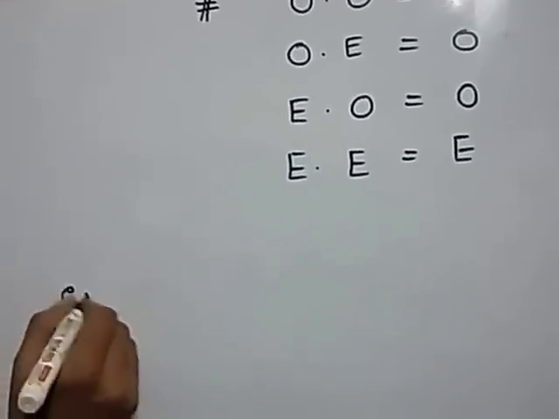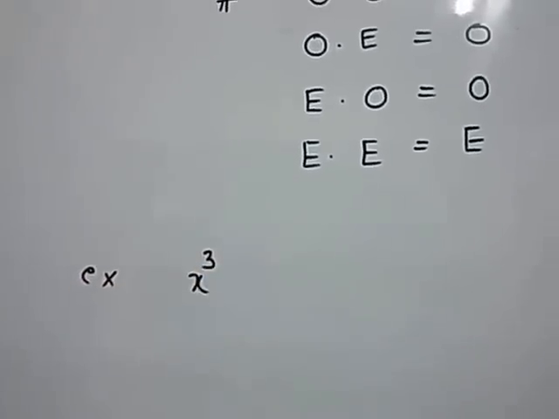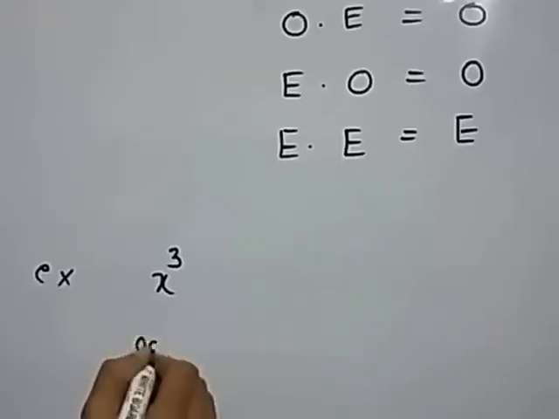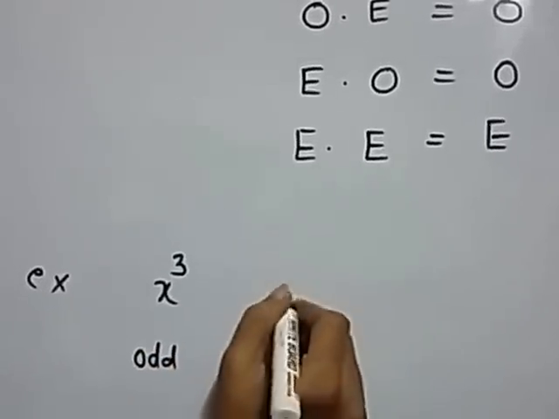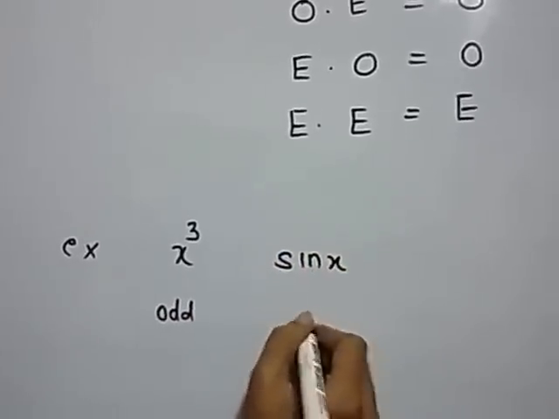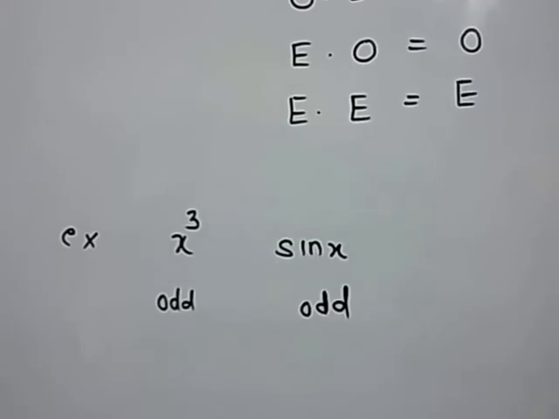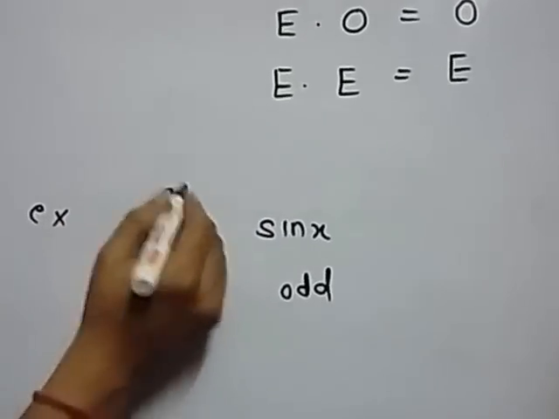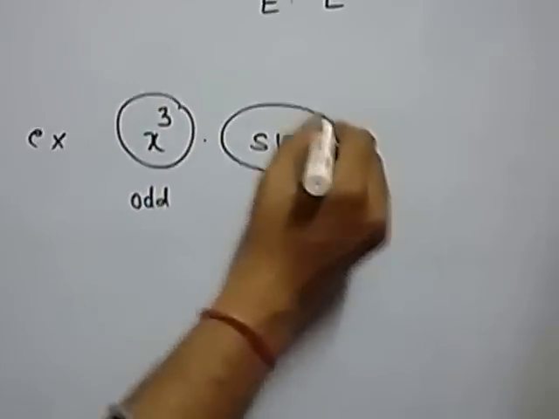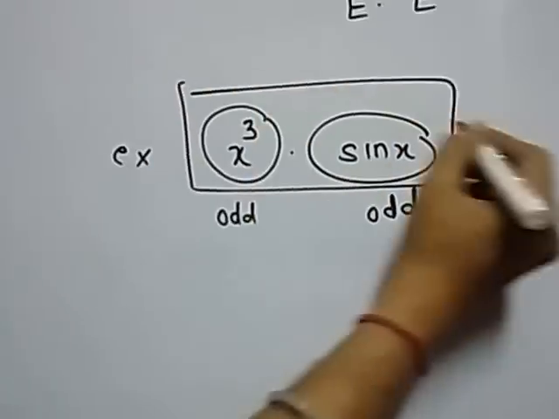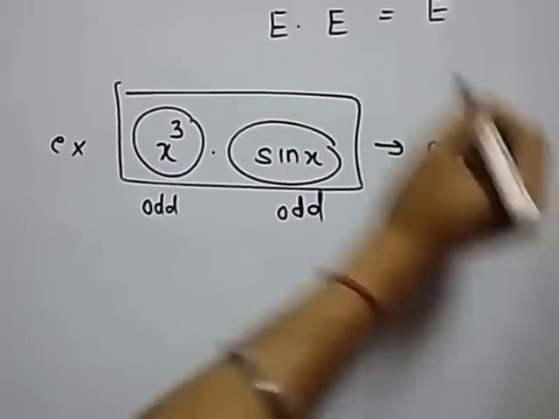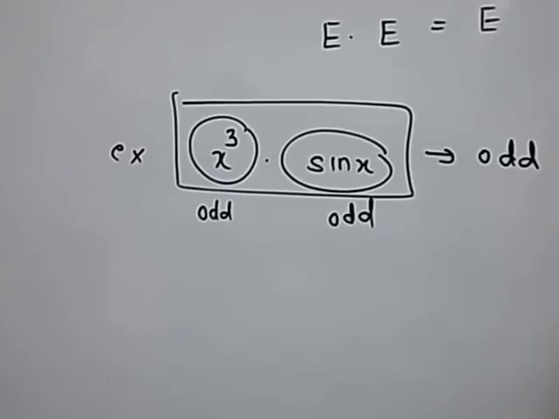For example, x raised to 3 is an odd function and sine of x is also an odd function. So x cube into sine x is also going to be an odd function.